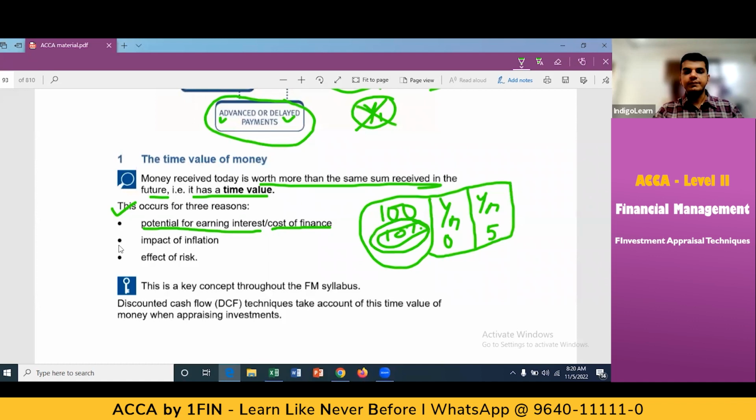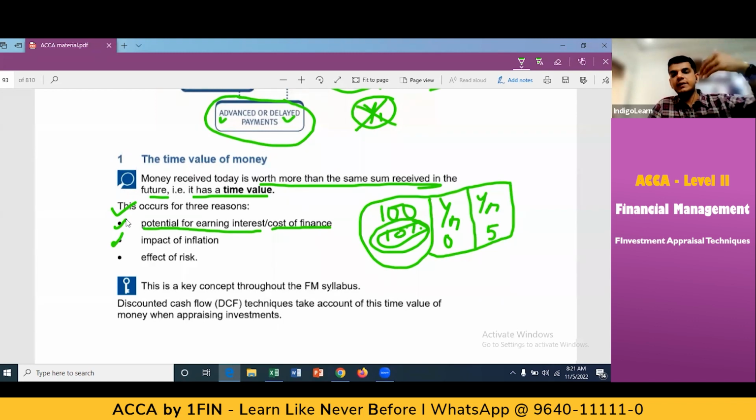Okay. Then the impact of inflation, obviously on purchasing power. Purchasing power means how many things you can buy with the same amount of money. Suppose I have 10,000 rupees right now in this year. I can buy, suppose, X amount of things.